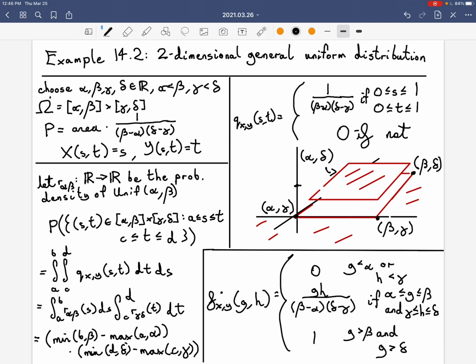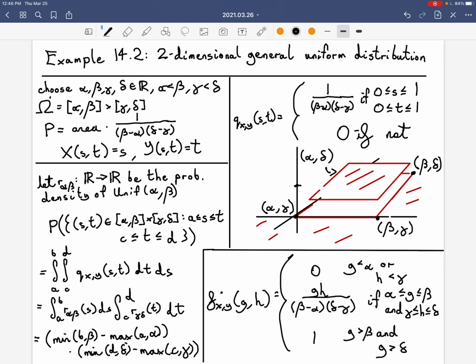What that ends up doing is being equivalent to integrating the general uniform. If alpha and beta are the limits of one side of my table, I need to use the general uniform in one dimension with parameters alpha beta and integrate that over the bounds I'm interested in.